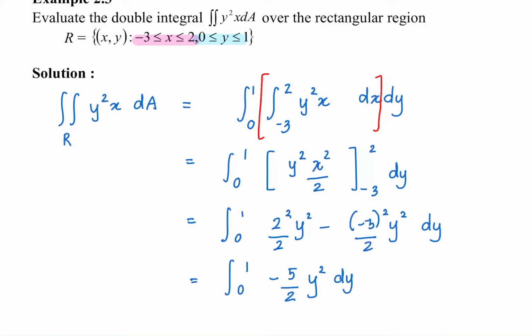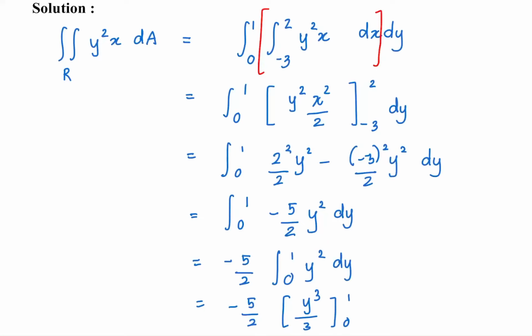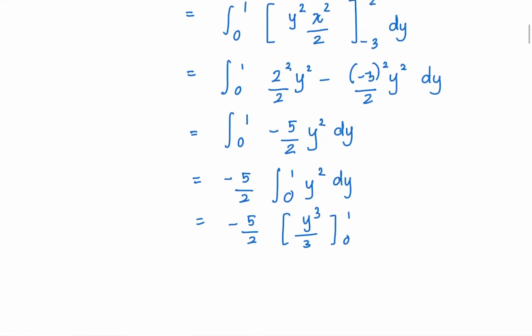From this onwards, I don't expect you to have problems. So let's bring the constant out, minus 5 over 2. I am only integrating the function y squared. That's going to be minus 5 over 2 times y to the power of 3 over 3 between 0 and 1. So we insert the values, which equals minus 5 over 2 times 1 over 3 take away 0. So our answer is minus 5 over 6.